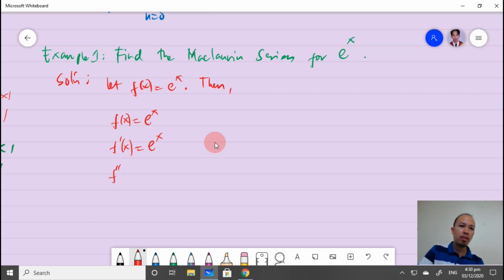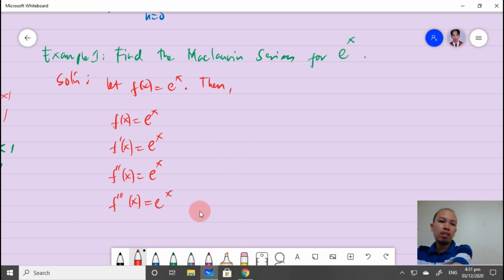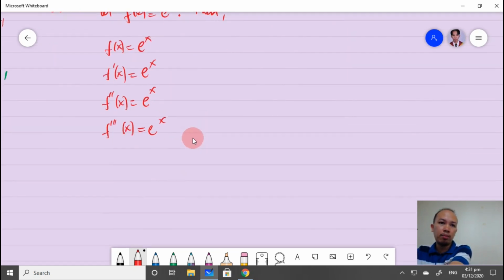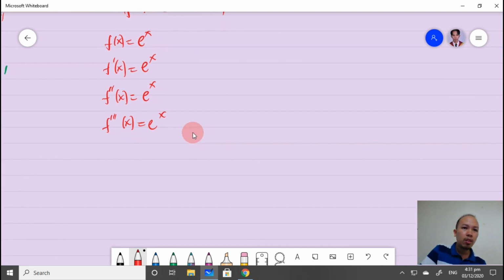The second derivative is the derivative of the first derivative, which is also e to the x, and so on and so forth. As you notice, the derivatives are all the same. We know that the nth derivative has a pattern, but remember that this is not always the case.